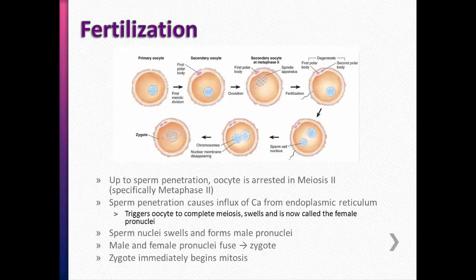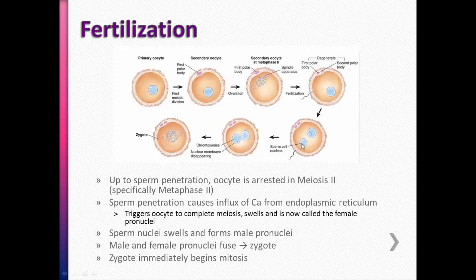Now, fertilization is going to be the union of the nuclei of the female and the male. Up to sperm penetration, though, remember the oocyte is arrested in meiosis 2, so that insertion of the nucleus of the male triggers an influx of calcium, and that triggers the oocyte to complete its meiotic division, and now we'll call that a female pronucleus.